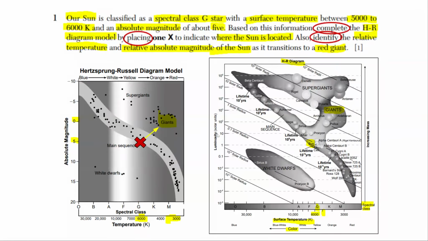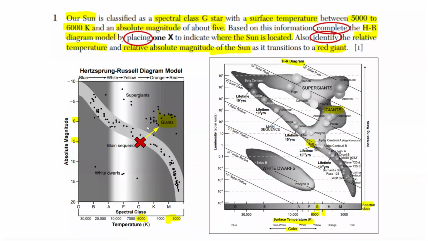Now I know that giants are right here and giants are here as well. And it looks like I need to identify the relative temperature and absolute magnitude of the sun as it transitions to the red giant. What happens to the temperature? Well, it looks like the temperature is decreasing from 6,000 to around 3,000 Kelvin. So I should say relatively, red giants have a lower temperature than the sun, or the sun's temperature becomes lower as it becomes a red giant.